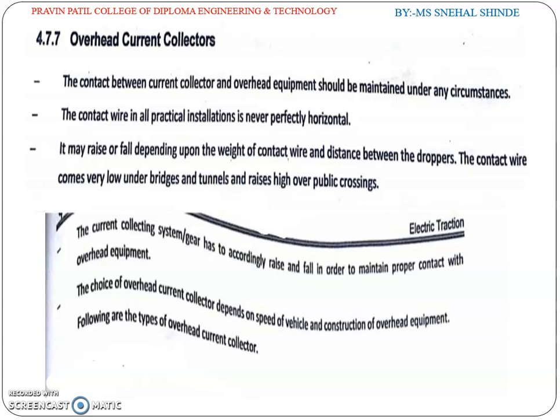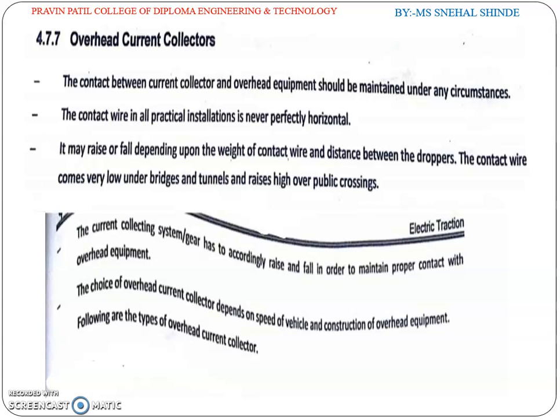Now next is the overhead current collectors. The contact between current collector and overhead equipment should be maintained under any circumstances. The contact wire in all practical installations is never perfectly horizontal. It may rise or fall depending upon the weight of the contact wire and the distance between the droppers.